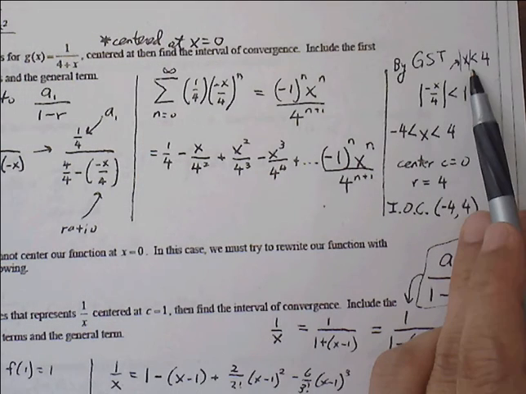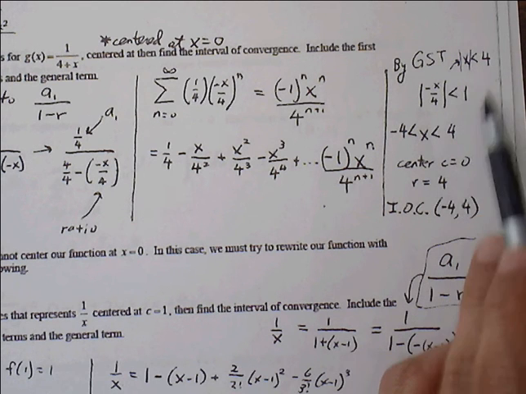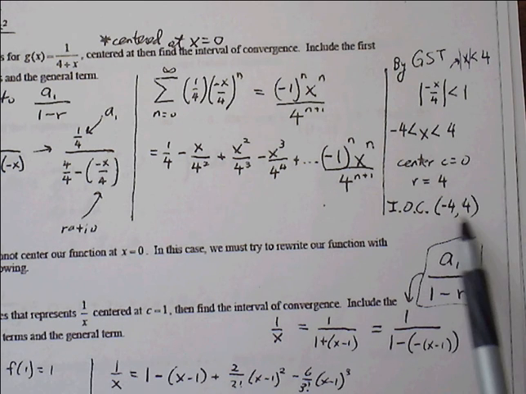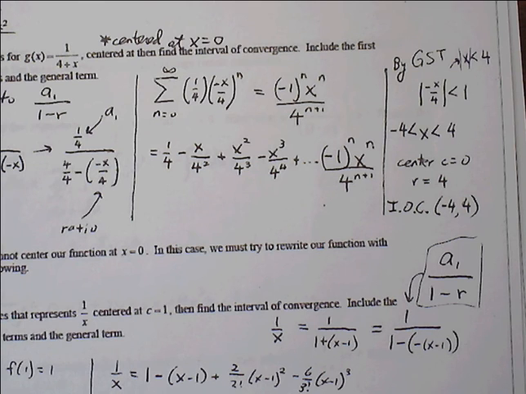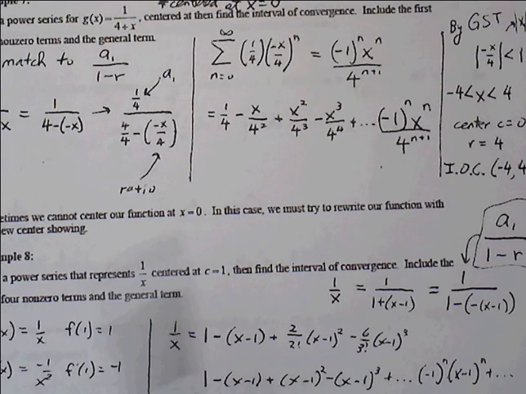If the absolute value of x is less than 4, that means x can sit between negative 4 and 4, with the center being 0. And with geometric series, we know our endpoints will never converge, so we can simply use parentheses from negative 4 to 4.